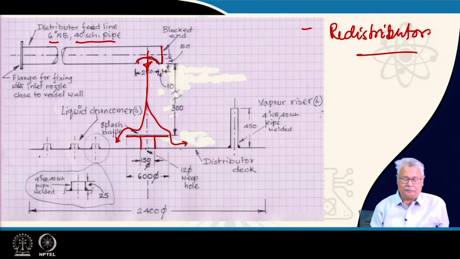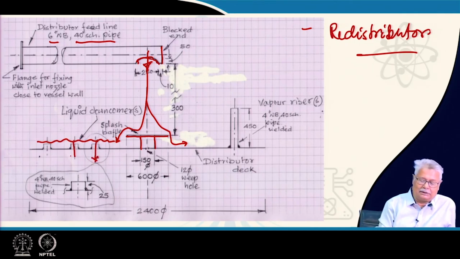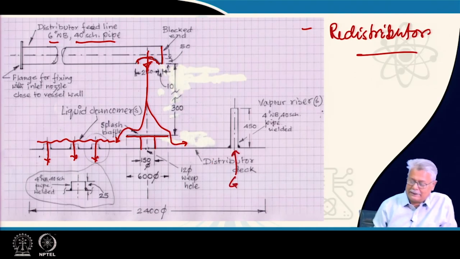Now, in order that the liquid falls, you have liquid downcomers. So, what you have here is a level of liquid. What you have here, I have shown only the left side. So, what you will find is the liquid falling this way. The gas definitely has to be given a passage. So, what you have here is the gas or vapor, whatever we may call, will be coming up.